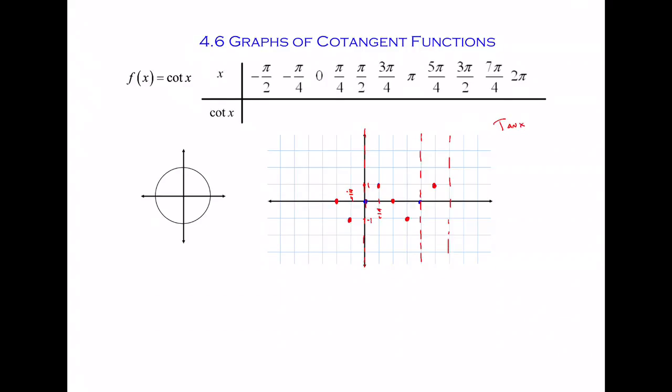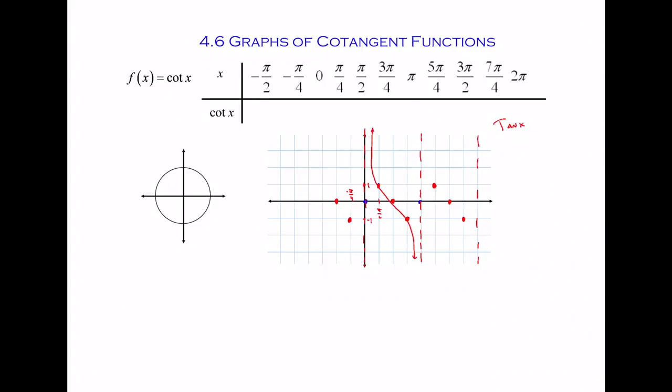And then we have, once again, the reciprocal of 1 is 1. At the old vertical asymptote, it is now gone, and that will represent 0. So you can kind of see what we have here, and if we keep going, get one more period in there.